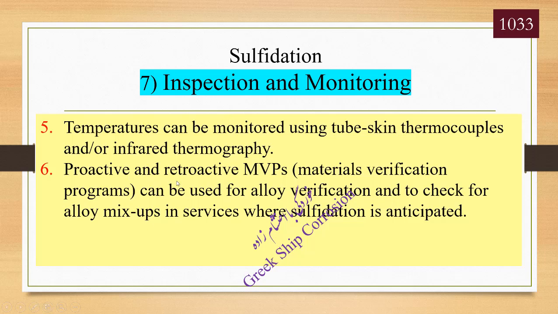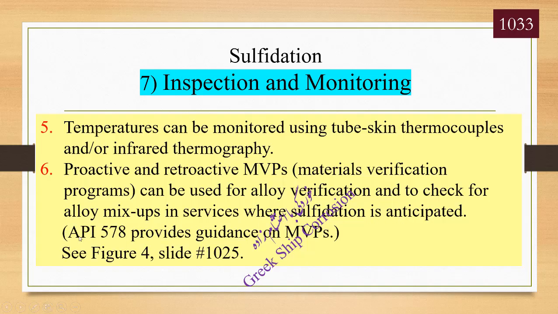Proactive and retroactive MVPs, materials verification programs, can be used for alloy verification and to check for alloy mix-ups in services where sulfidation is anticipated. API 578 provides guidance on MVPs. See Figure 4, slide number 1025.